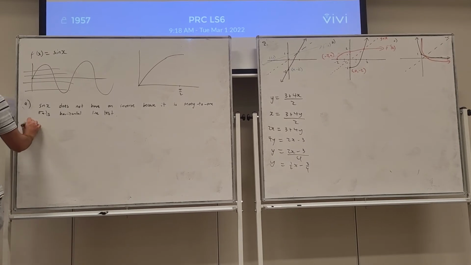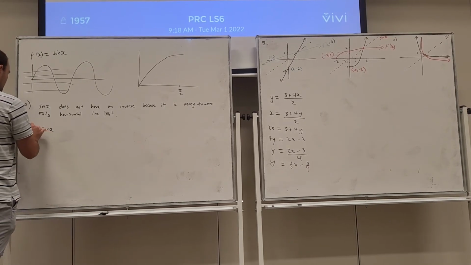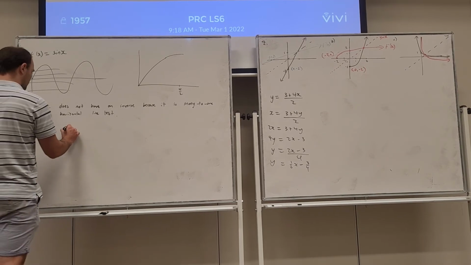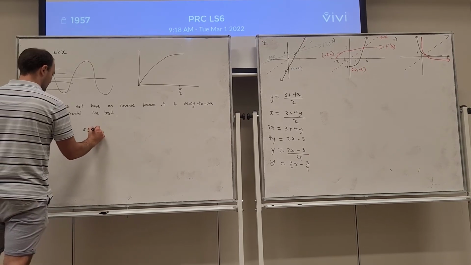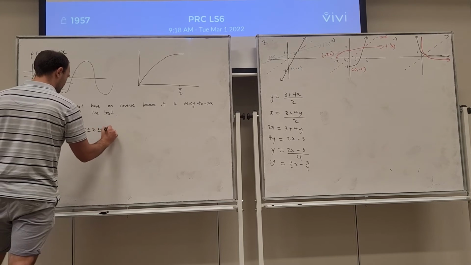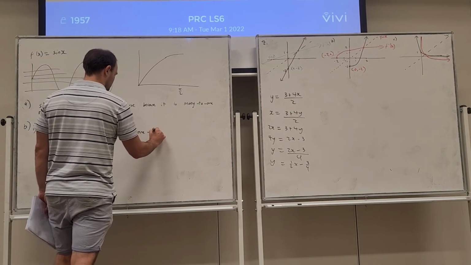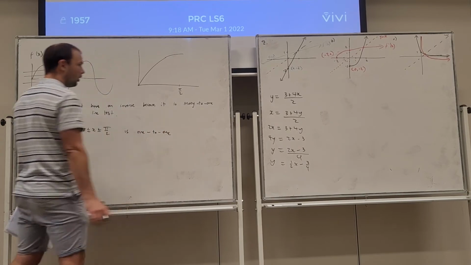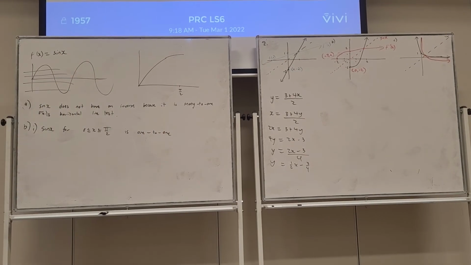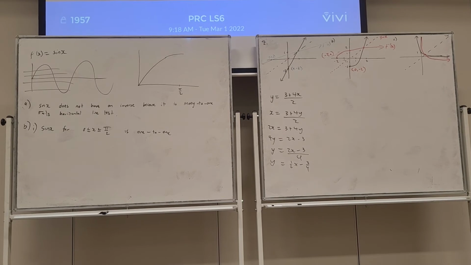Sin x, so B part 1, sorry. Sin x for 0 less than x less than pi on 2 is 1 to 1. Over this interval, it passes both the vertical line test and the horizontal line test.